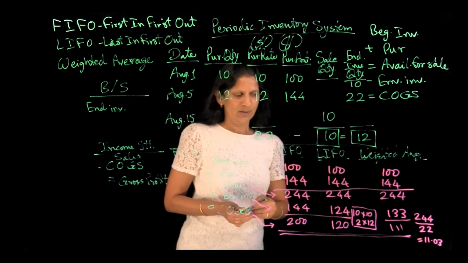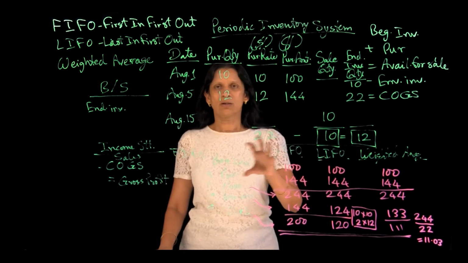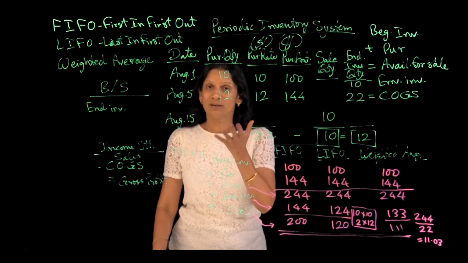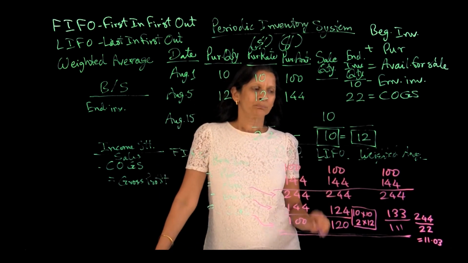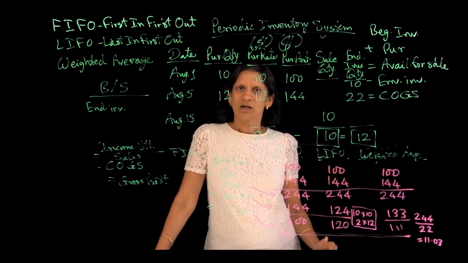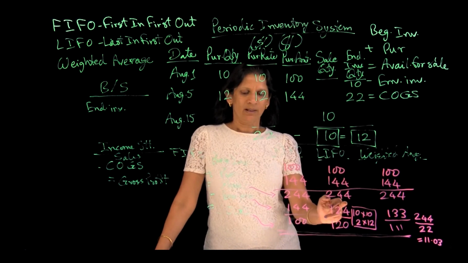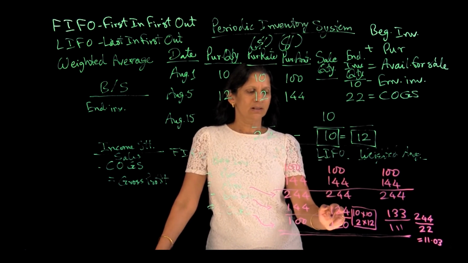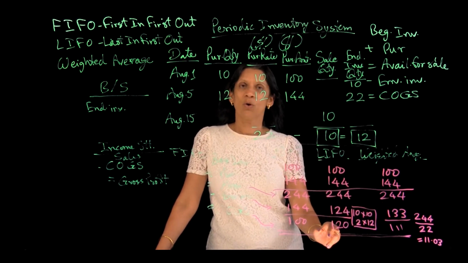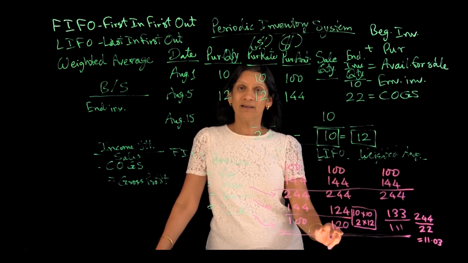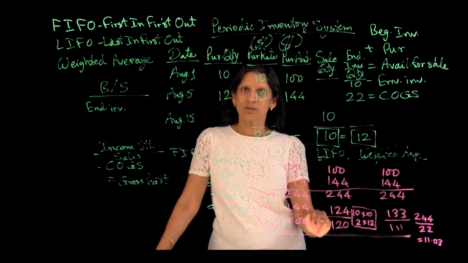Now let's look at the consequence, or the final effect, of all these three methods. So as you can see here, as per last in, first out, my inventory is least compared to the other assumptions, and my cost of goods sold is highest compared to the other two assumptions.